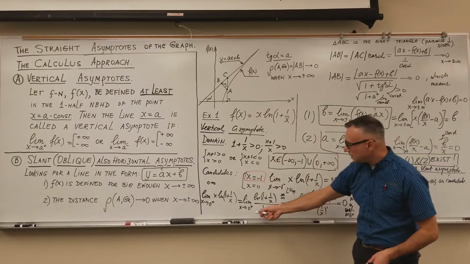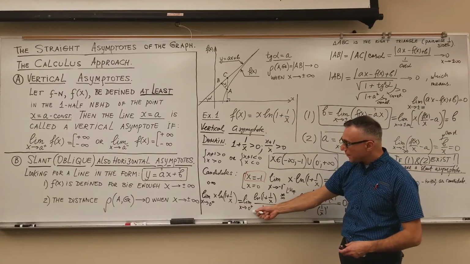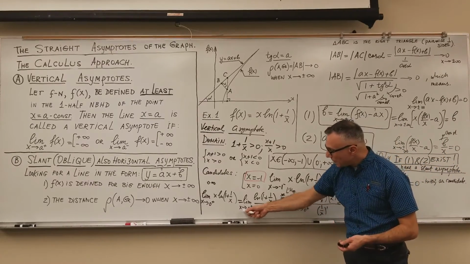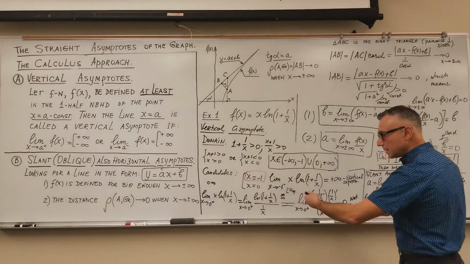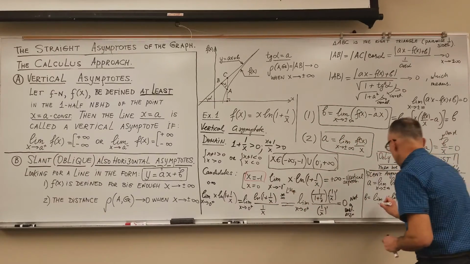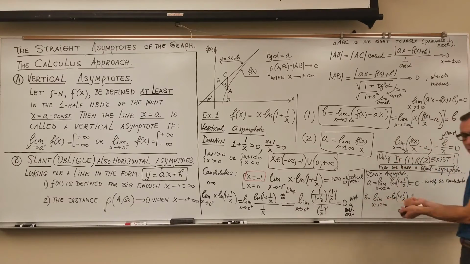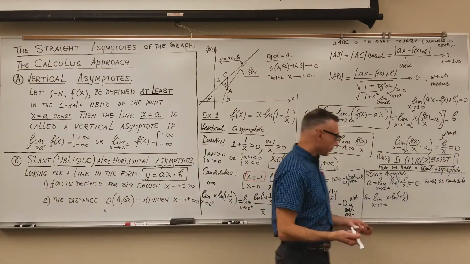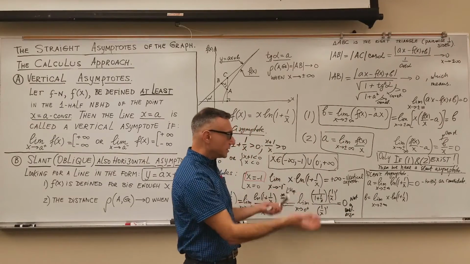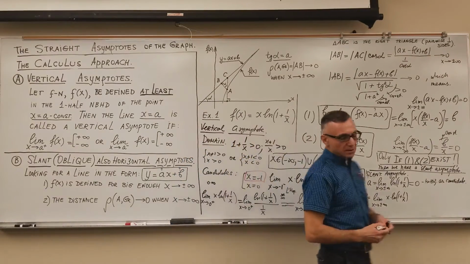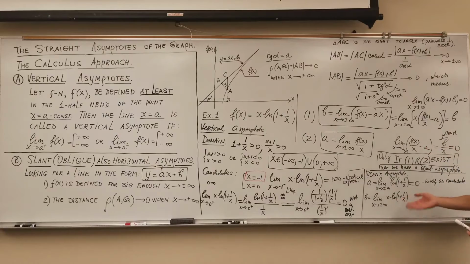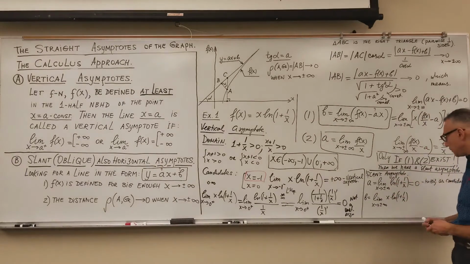It's actually very similar to that of the vertical case, except my x goes to plus or minus infinity instead of 0 plus. Here, x goes to plus or minus infinity, and the limit is the same. You can see that, yeah? And again, we can resolve it the same way using L'Hopital's, because right now, when it goes to infinity, it will be 0 by infinity, an indeterminate form.